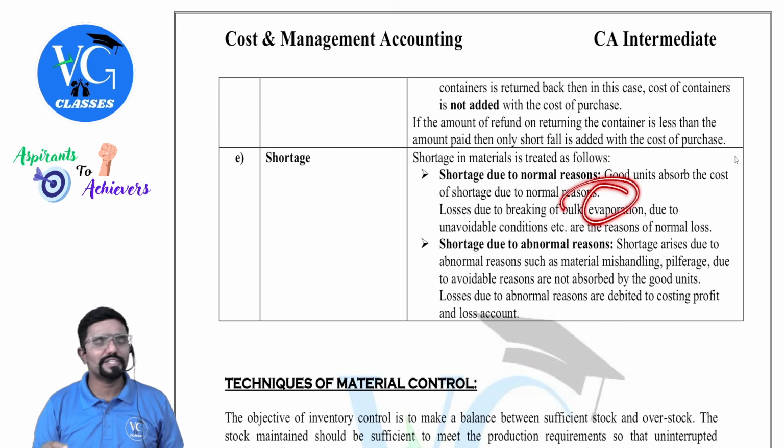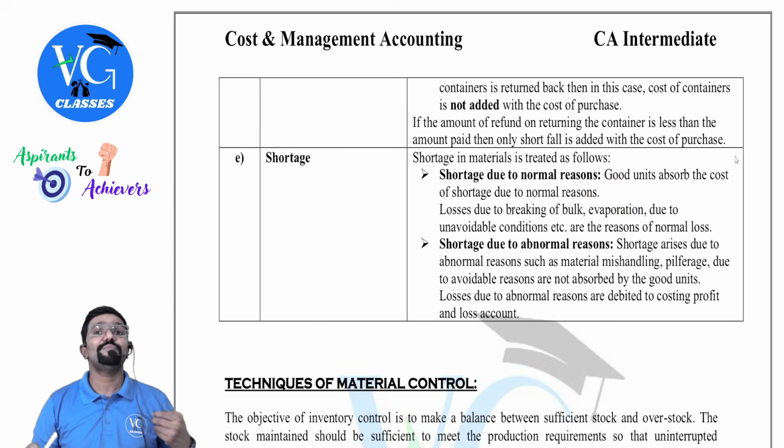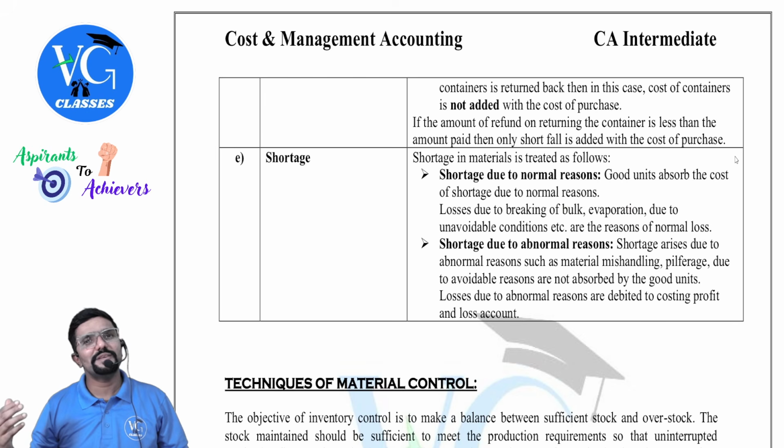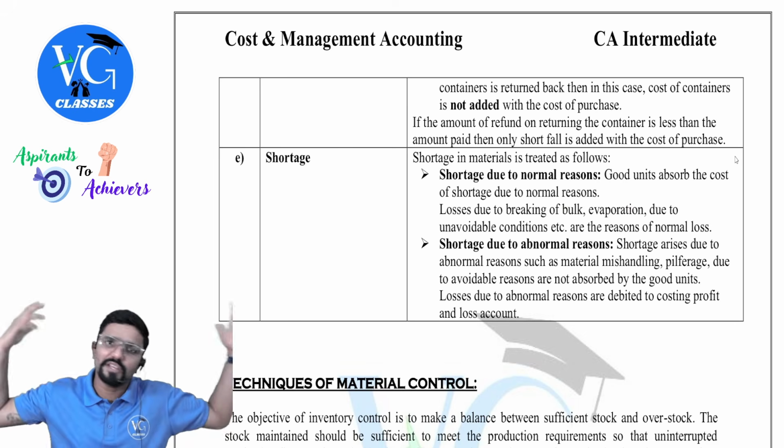For example, evaporation. If I have to give an example, guys, assume petrol. Sir, by the time petrol is brought and pumped into the petrol bunk, will it be the same quantity? No, there will be some liters which will be lost in evaporation. Is it a normal loss? Yes. Sir, if I do something, can I avoid it?